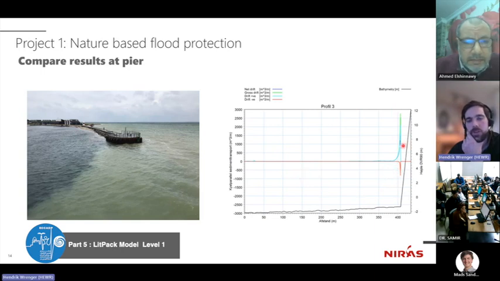And if you get such a result, you could try to verify that. Is that true? One option is to look at images from a site visit, to talk to the locals, to look at satellite images. And here the conclusion was that yes, that is true, because you can really see a sand plume in the water column very close to that structure.